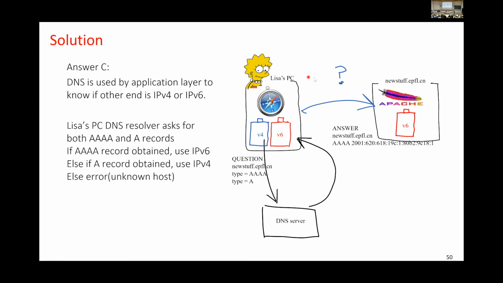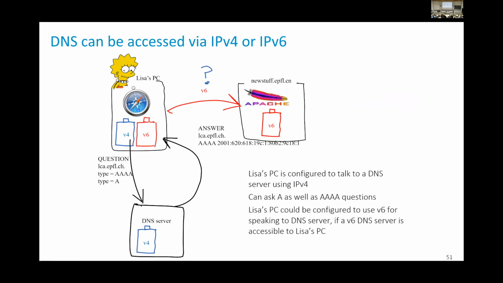So when we move our system to IPv6, for example, we simply add a new IPv6 record for the same name. That's in principle the transition that many companies will use.